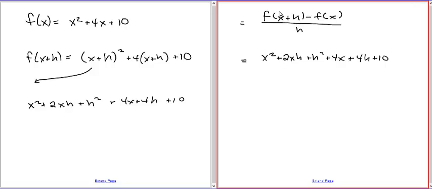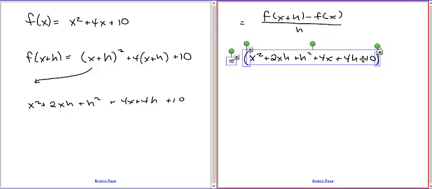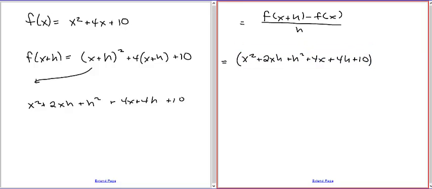So that's this term here. And I'm going to subtract f of x. First, I'm going to move this over so I have some room. So I'm going to subtract x squared plus 4x plus 10. Divide the whole thing by h.